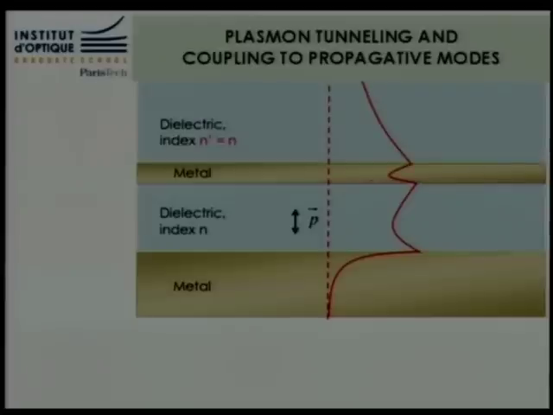Then if the refractive index is the same as the dielectric layer, the plasmonic mode can tunnel through the metallic layer, and the field can exist inside the substrate. But because of the wave vector mismatch with propagative modes in the bulk, it cannot couple, or only weakly couples, to propagative modes.